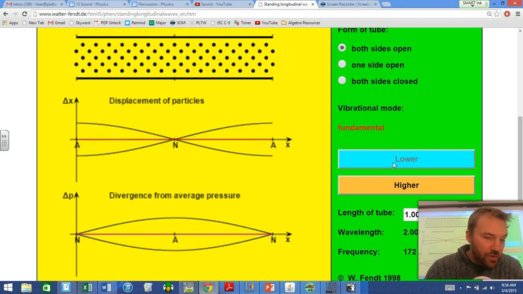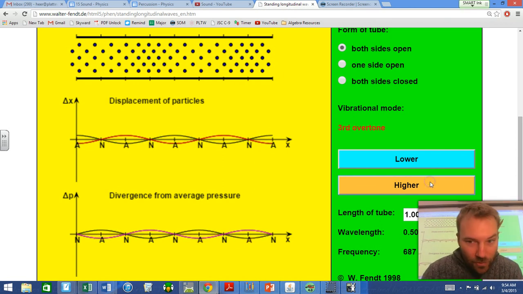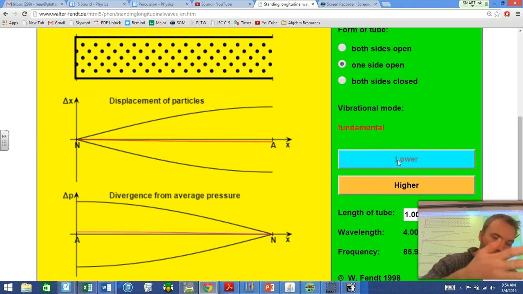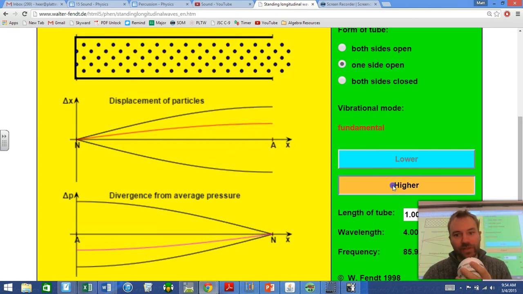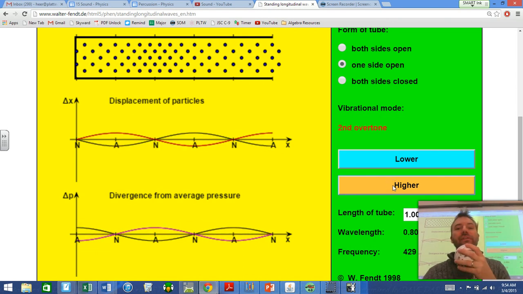So 2/4, 4/4, 6/4, 8/4, and then when you go to a closed tube, it starts at 1/4. It does the odds: 1/4 of a wavelength, 3/4 of a wavelength, 5/4 of a wavelength, and so on.